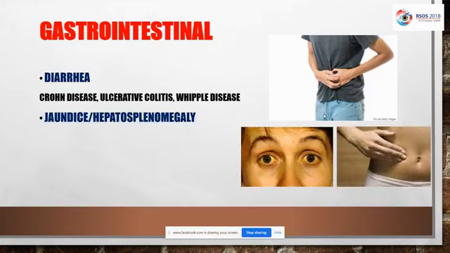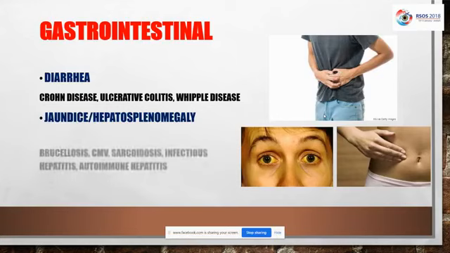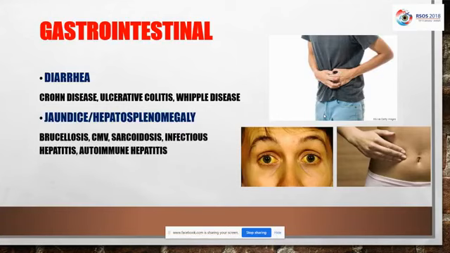If the patient has a history of jaundice or hepatosplenomegaly, you will think about infections like brucellosis. So you will ask those patients if in their diet they are taking milk without boiling, as a possible source of infection of brucellosis.